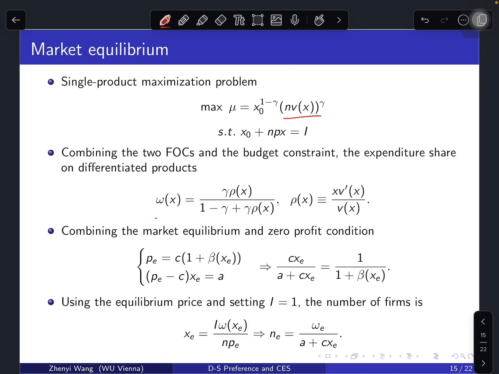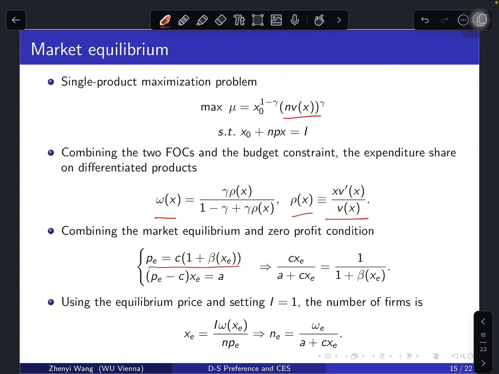Combining the two first-order conditions and the budget constraint, we could write the expenditure share on differentiated products, omega, in this way, and we define rho here as the elasticity of utility over the demand of differentiated products.